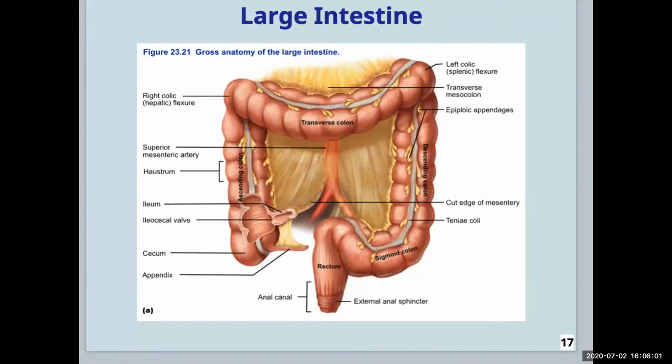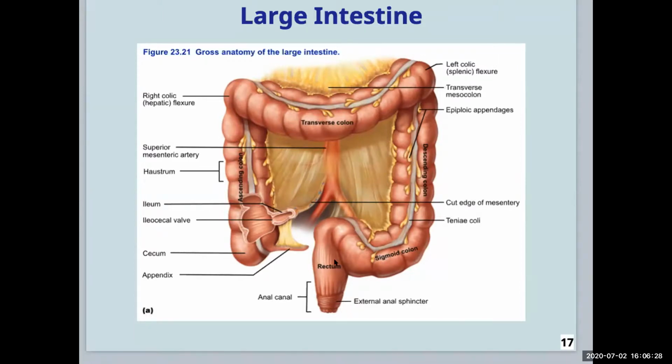I also want to point out that your stomach, your small intestine, your large intestine, they're all lined by simple columnar epithelium. There are different types of simple columnar epithelium. They all have their own characteristics, but as a whole, they are all lined with variations of simple columnar epithelium. Okay.